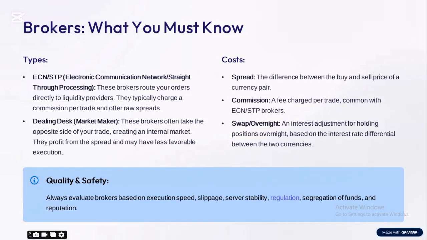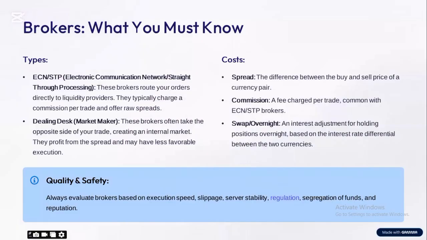So we have quality and safety. Always evaluate your broker based on the execution speed, slippage, server stability, regulation, segregation of funds, and reputation. Before you start trading, make sure you vet your broker.